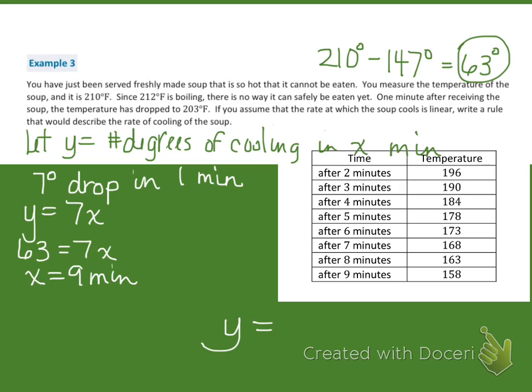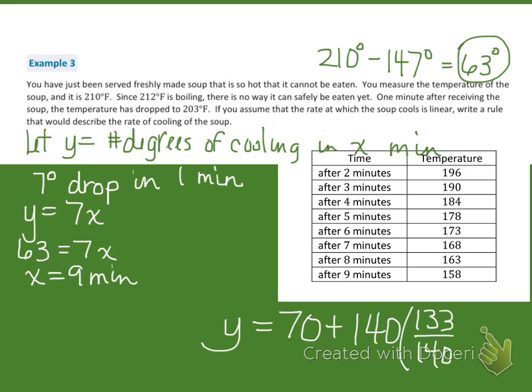For this situation, y, and in this case, y is going to be the temperature of the soup after X minutes. So y is equal to 70 plus 140 times 133 over 140.